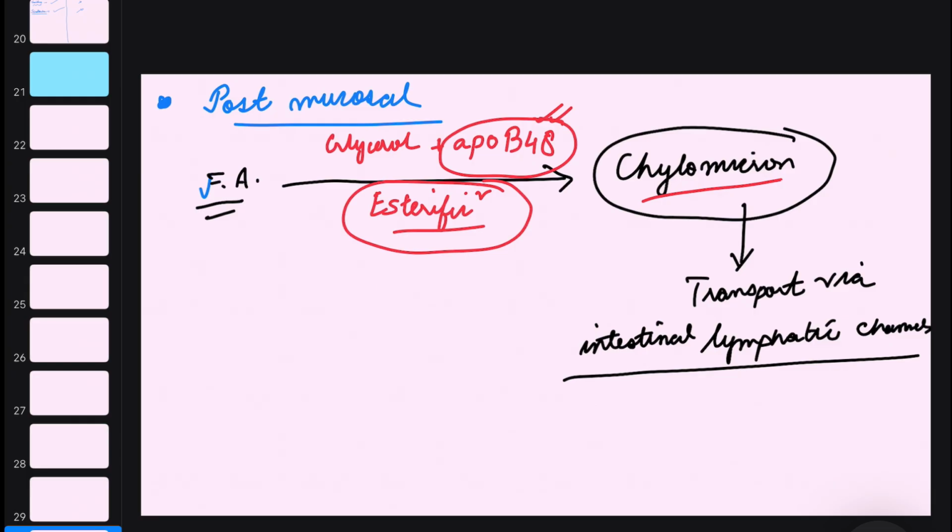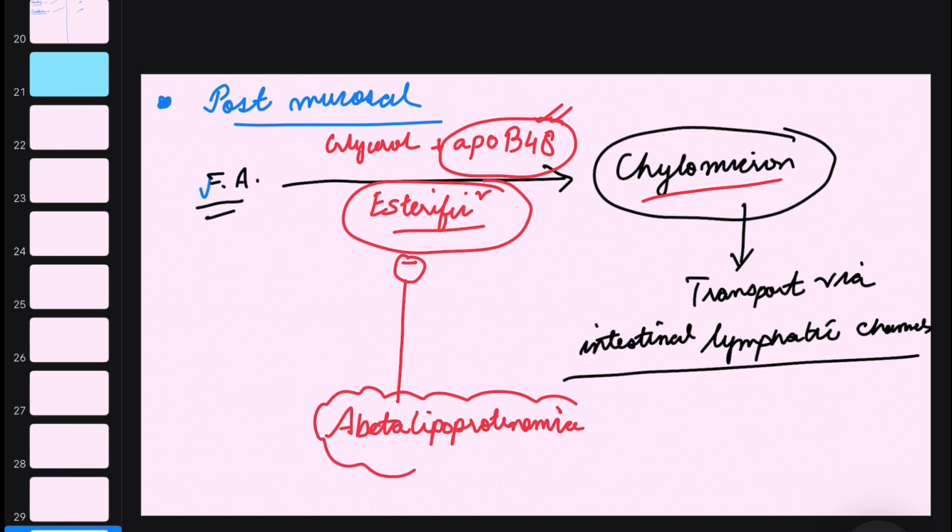Now let's talk about the pathology. Just like we had the luminal defects, over here also we'll have some defect in each of these steps. There are basically 2 steps, so there will be 2 defects that we have to talk about. See how easy it is. If there is a problem with esterification, this is called abetalipoproteinemia.